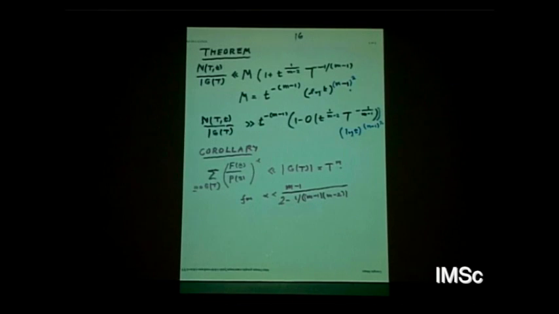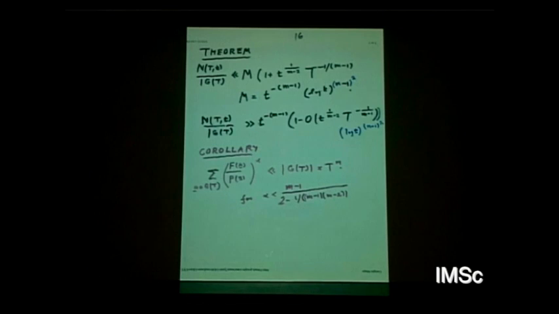But there's also a lower bound, so there are some a's where the Frobenius numbers are relatively large. And you see the factor t to the minus n minus 1 is the same.